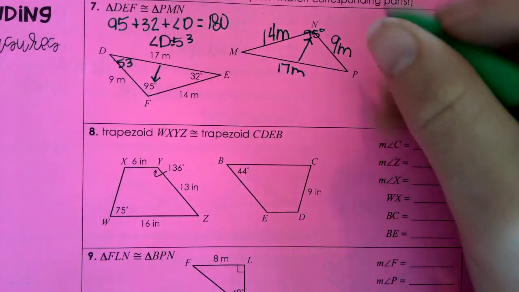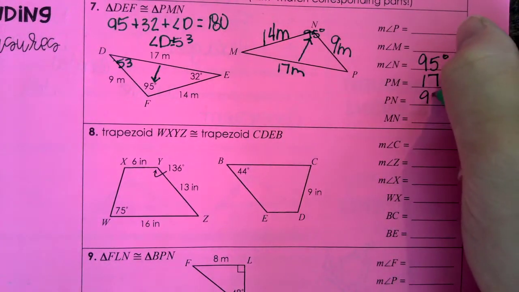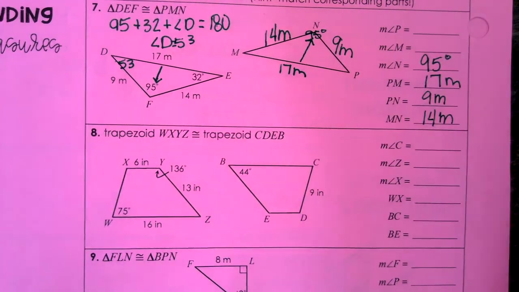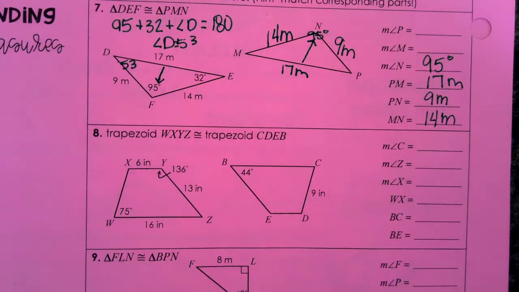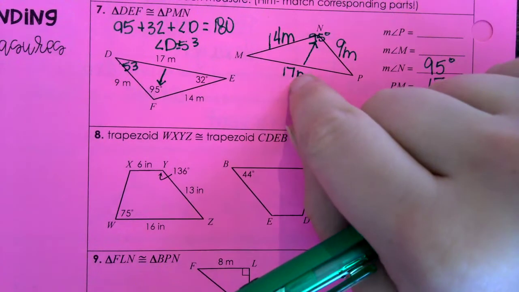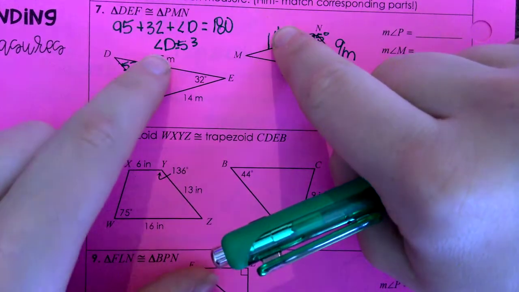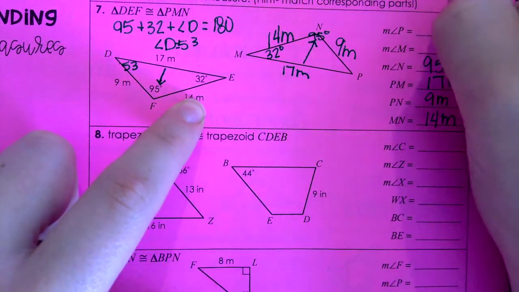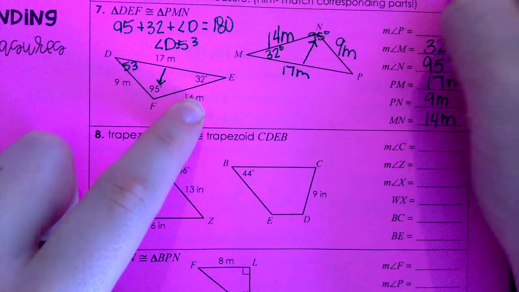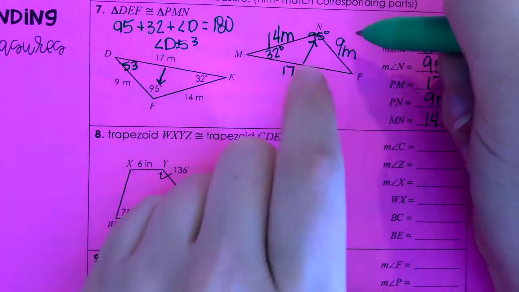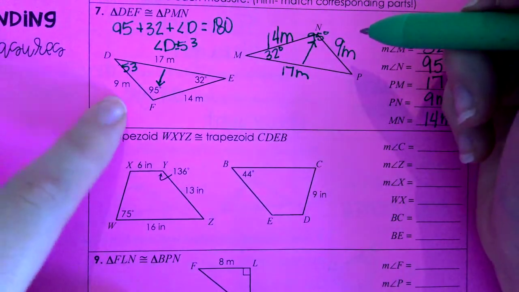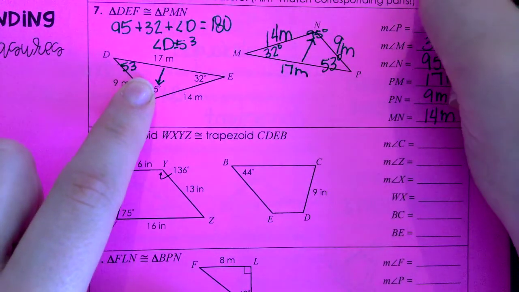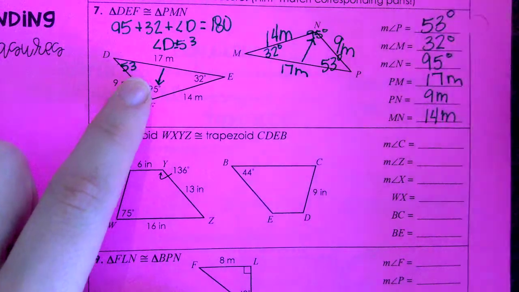So side PN is 9 meters and side MN is 14 meters, which helps me figure out my other angles. In between the 17 meters and 14 meters is 32 degrees, so I can write 32 degrees there for angle M. In between my 9 meters and my 17 meters is my 53 degree angle. So that's how I figure out that's 53 degrees.